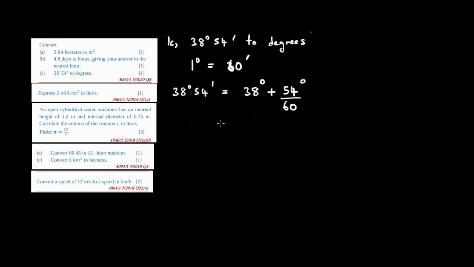So kana takuweka panapa, this is going to be equal to 38 degrees plus, then part yanga imbori kuma minutes ya convert kuma degrees, it's 54 dividing 60. Again, it's paper 1, correct? You have to do this manually.